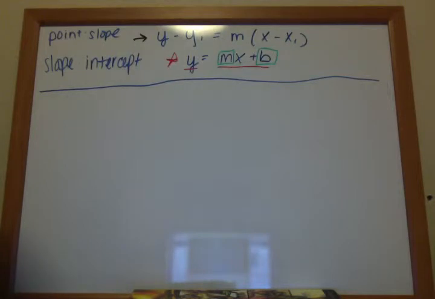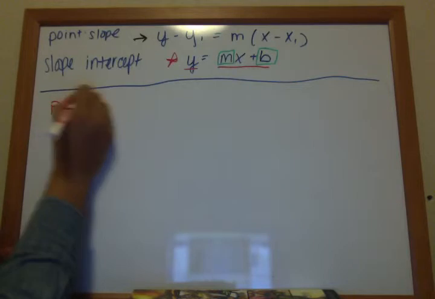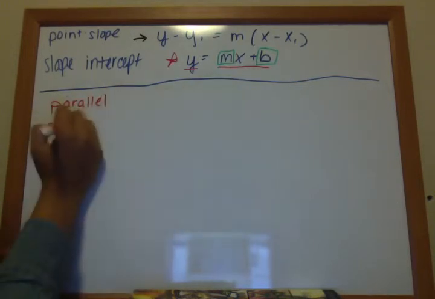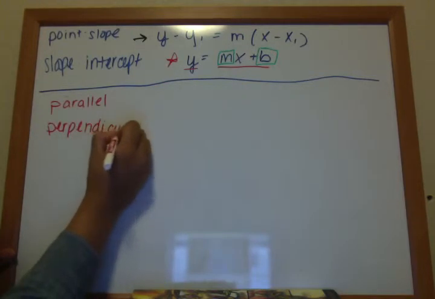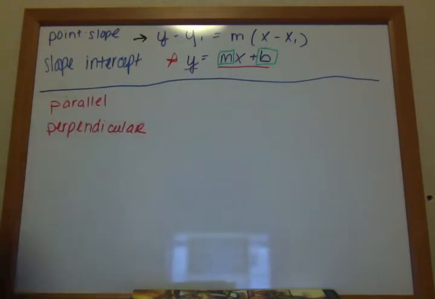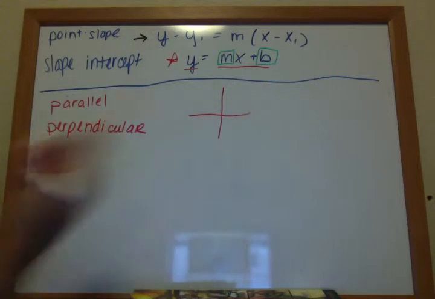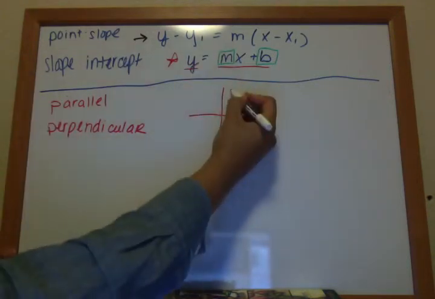For number 38, one concept that we need to understand is what it means when it says parallel and perpendicular? And it's really simple. Okay, so when two lines are parallel, I'm going to draw you a diagram.